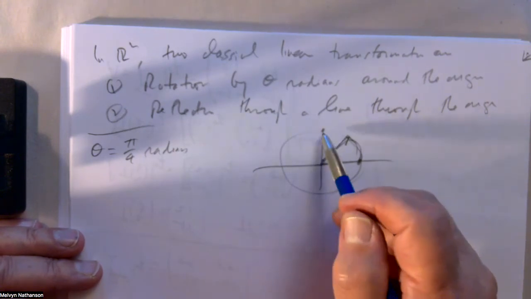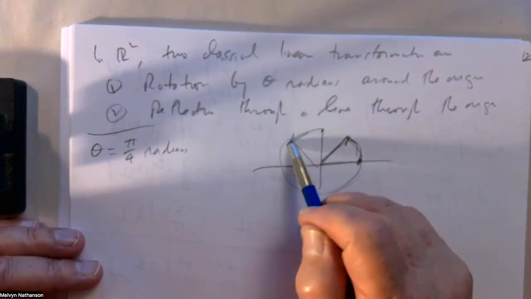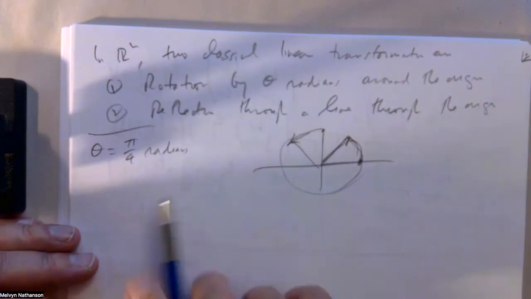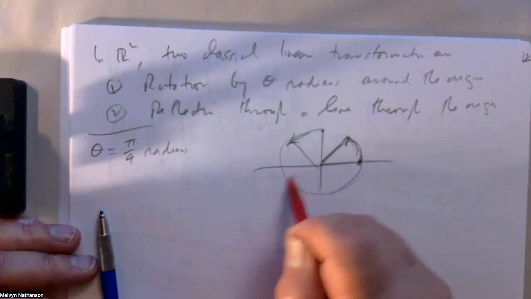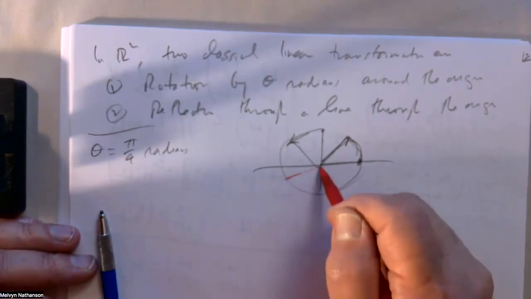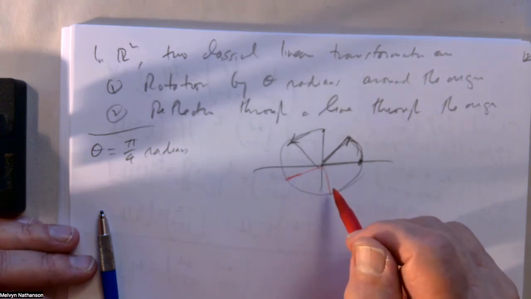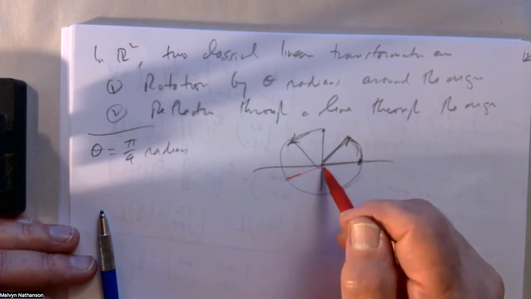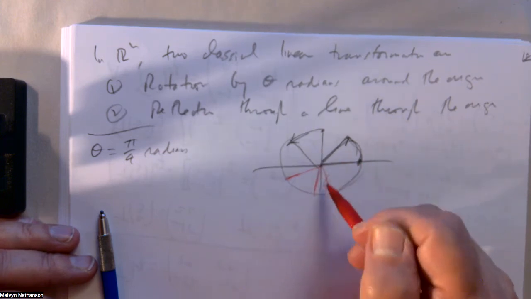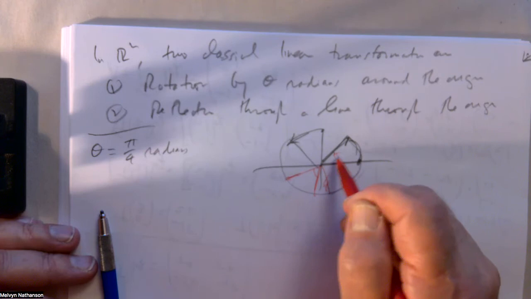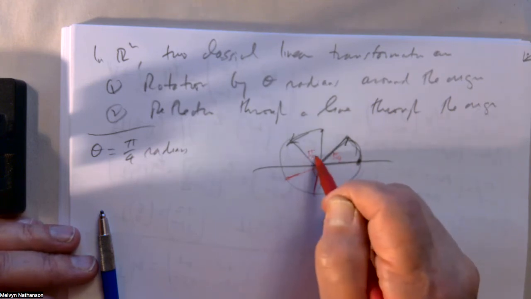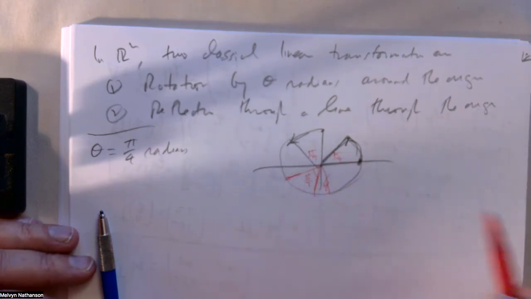You take this vector and you rotate it by pi over 4 radians, it ends up over there. If you take this vector and you rotate it by pi over 4 radians, it ends up about over here. This angle is pi over 4.